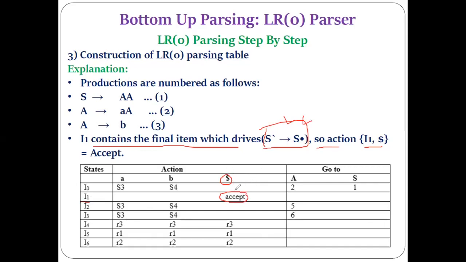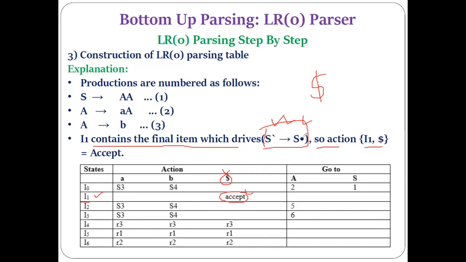And why are we writing accept below the $? Because, as I said, $ indicates the end of the particular input string. So that is the reason we mark accept below the $, and for state number 1. Why state number 1? Because in state number 1 we have the final item S dash derives S dot.